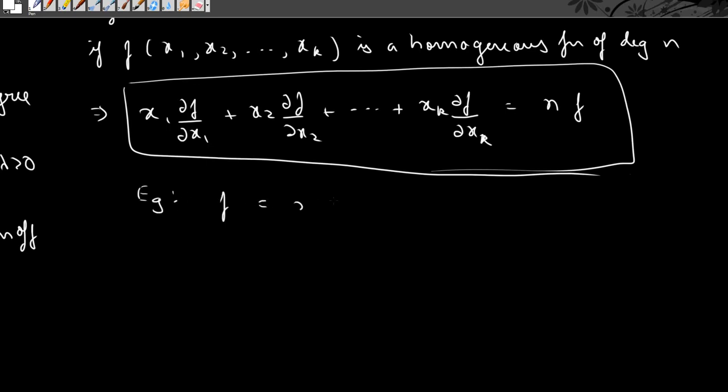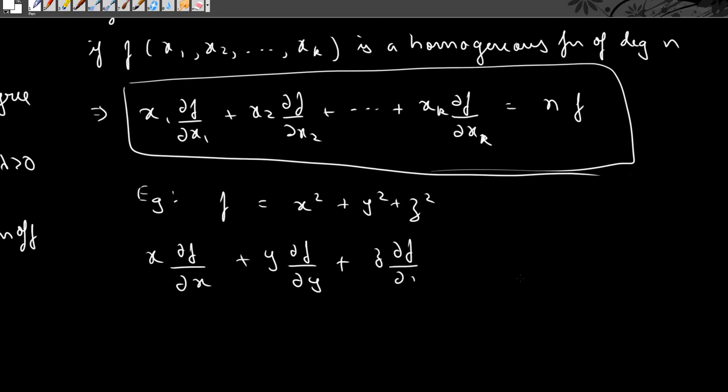Let f be equal to, very simple case, x square plus y square plus z square. Then what Euler's theorem says is that x times dou f by dou x plus y times dou f by dou y plus z times dou f by dou z should be equal to 2 times the function itself, because the degree of this function is 2: if you substitute for f of lambda x, lambda y, lambda z, you will get lambda square times f.